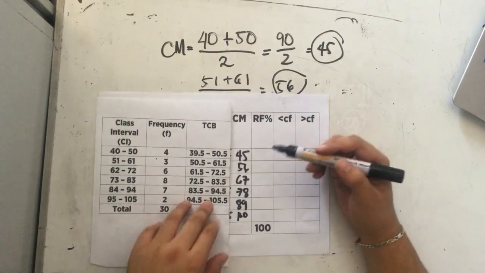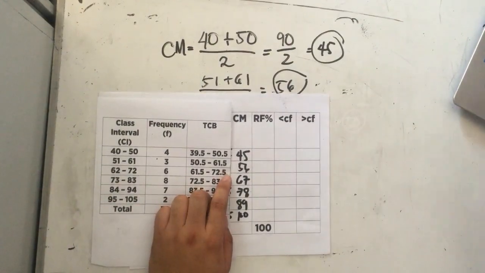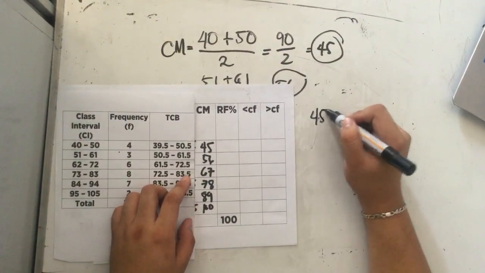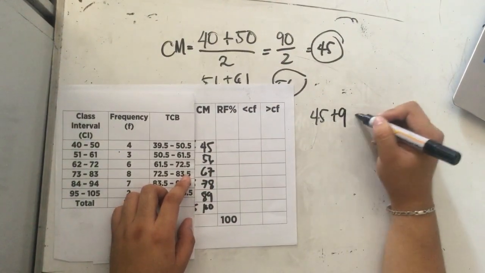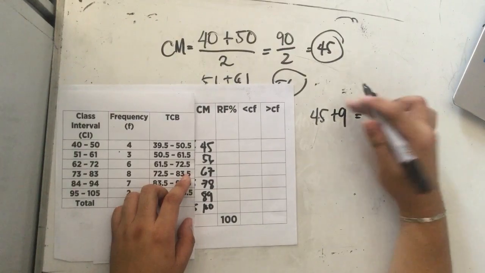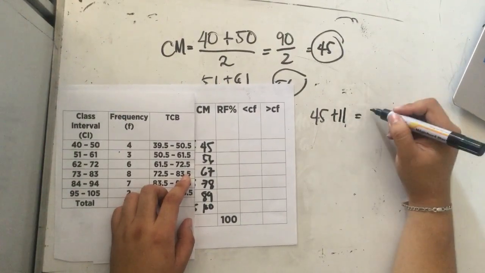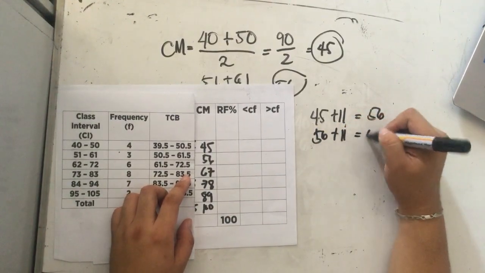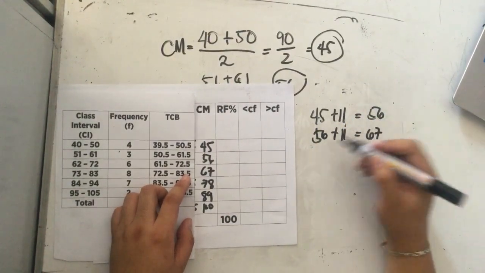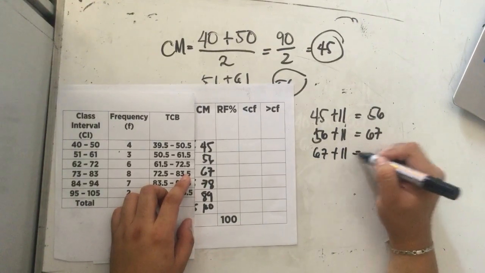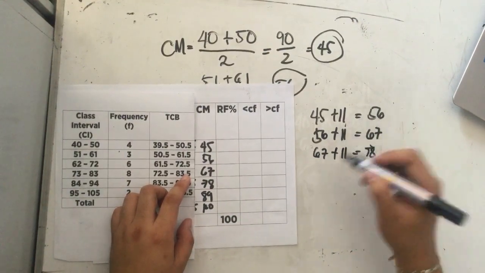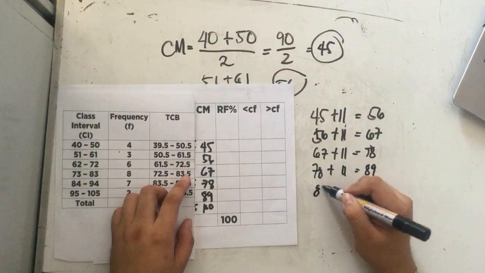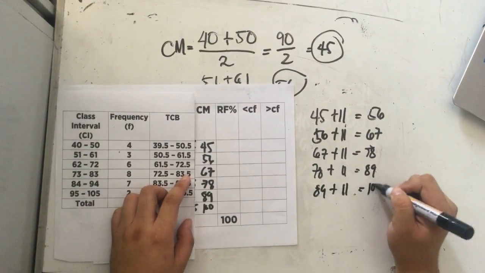Kung mapapansin din natin, yung mga class mark natin may pina-follow din na sequence. So kung 45, we just add 11 to get 56. Then 56 plus 11 is the next one, 67. 67 plus 11 is equal to 78. 78 plus 11 is 89, and 89 plus 11 is 100.